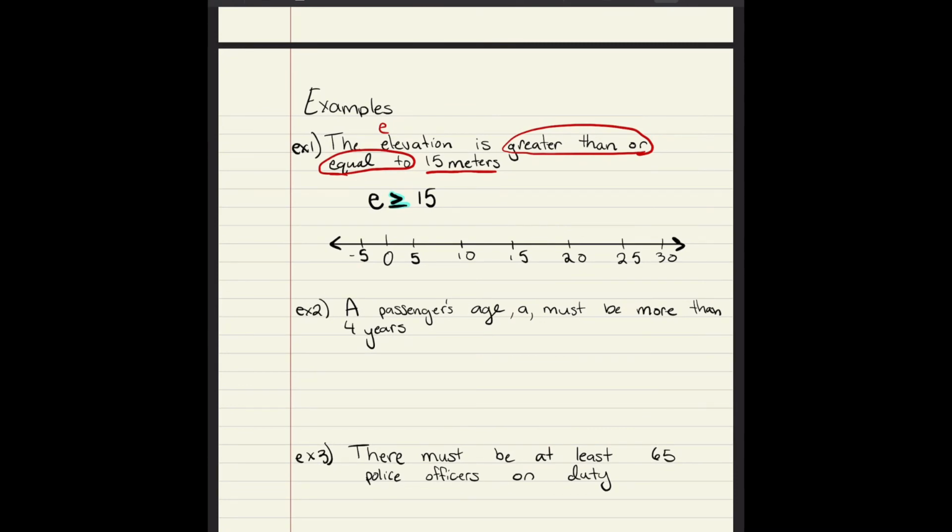So here's 15, and it's going to be a closed circle, and our greater than or equal to is showing us that our arrow is going to go that way. And that's it graphed. So then your answer would be E is greater than or equal to 15, and here it is graphed.